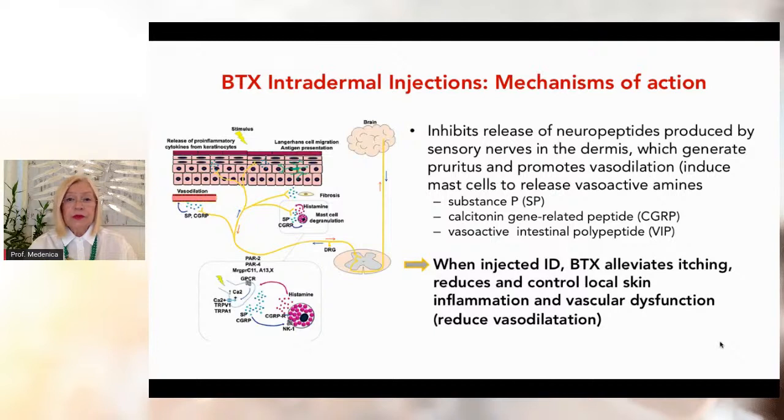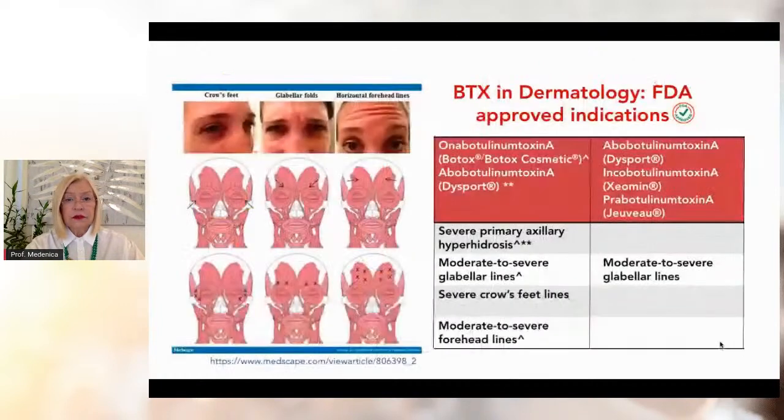Those are produced by sensory nerves in the dermis, and they generate pruritus and promote vasodilatation by inducing mast cells to release vasoactive amines. So when we inject botulinum toxin intradermally, we can alleviate itching, and reduce and control local skin inflammation and vascular dysfunction. Actually, we can reduce vasodilatation.